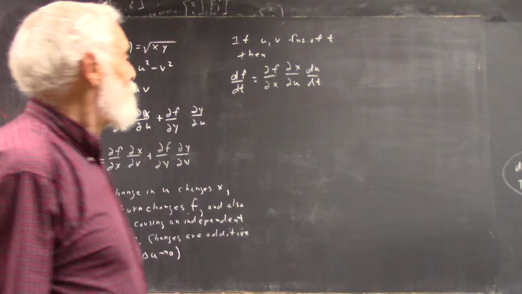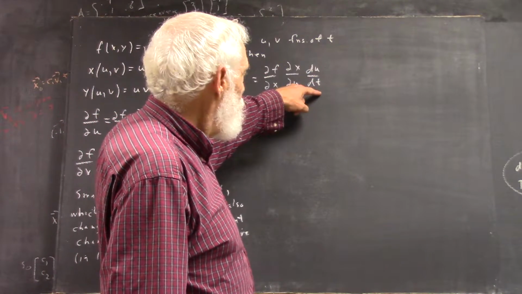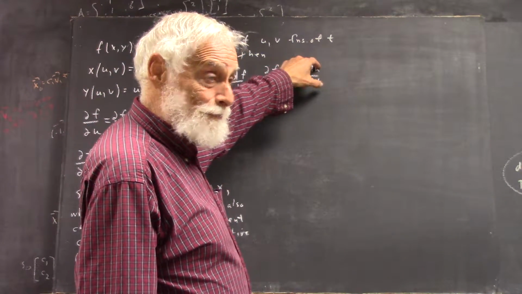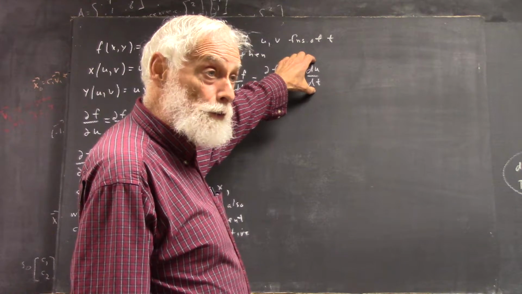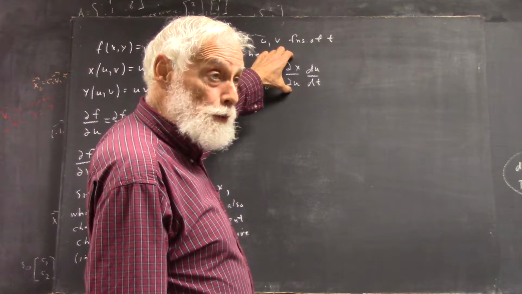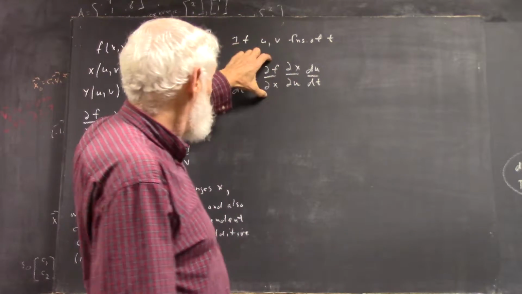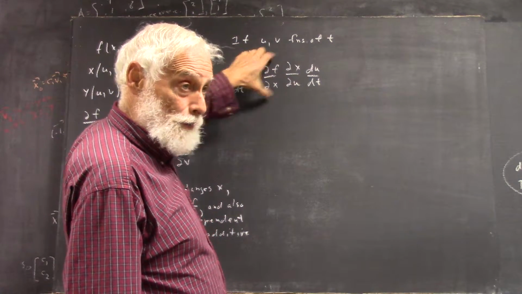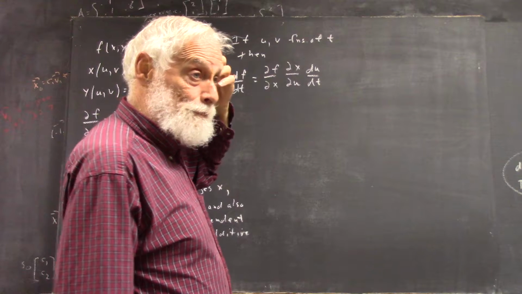Okay? Change in t drives a change in u. There's a rate at which t drives a change in u, right? And then x is driven by the change in u at this rate, and f is driven by the change in x at this rate, and those rates are multiplicative.